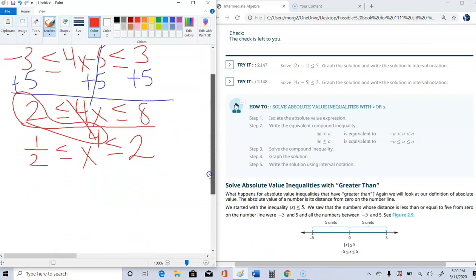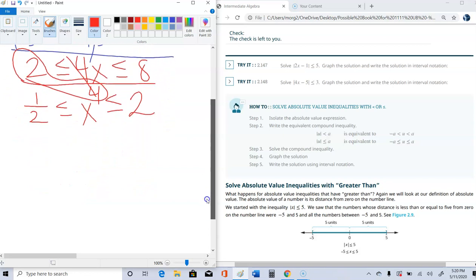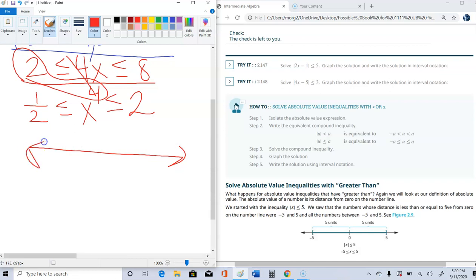Now let's graph this interval on our number line. We have 1/2 and 2. Because we have less than or equal to, we will need brackets for both numbers. And because x is in between our numbers, that's where the solution or shading goes as well.